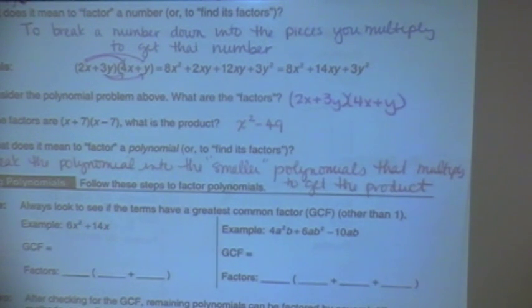This is not, I'm going to learn this, pass the test on this, and then forget it and move on. Because what will happen is we're going to factor, and then the next unit that we do, I'm not even going to mention factoring anymore, but you might use it on every single problem that we do. So this is a remember it forever. Well, at least until you get to stop taking math.